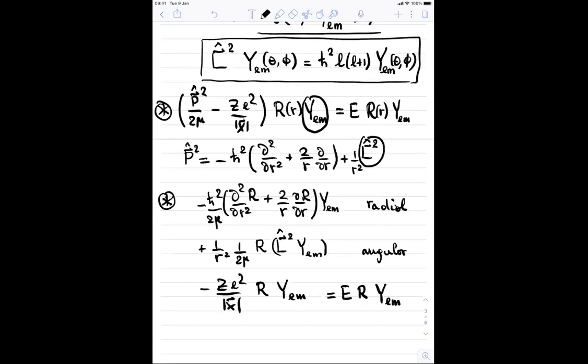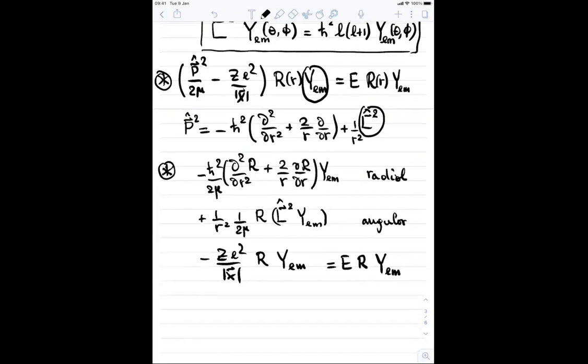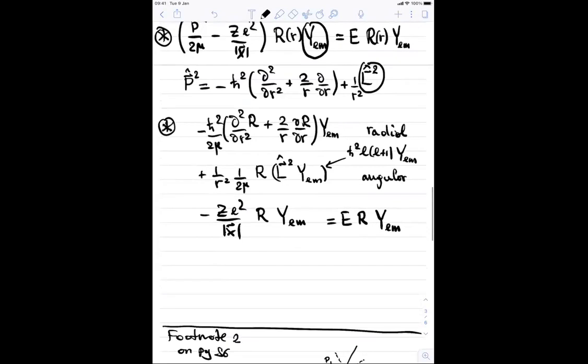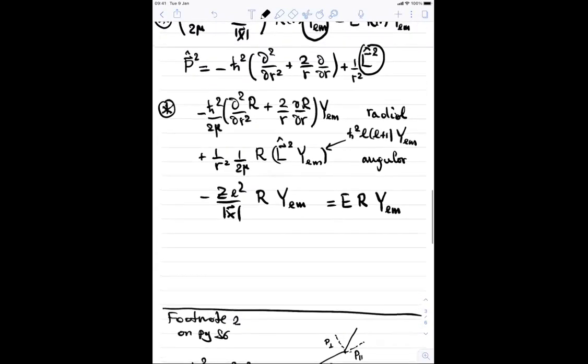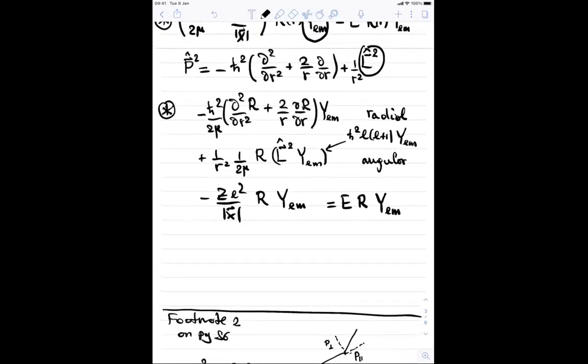Good. So I'm doing my separation of variable exercise. And now the crucial thing is that L square applied to the spherical harmonics gives me h bar square l times l plus 1 times the spherical harmonics. So let me just summarize the result in the following way.